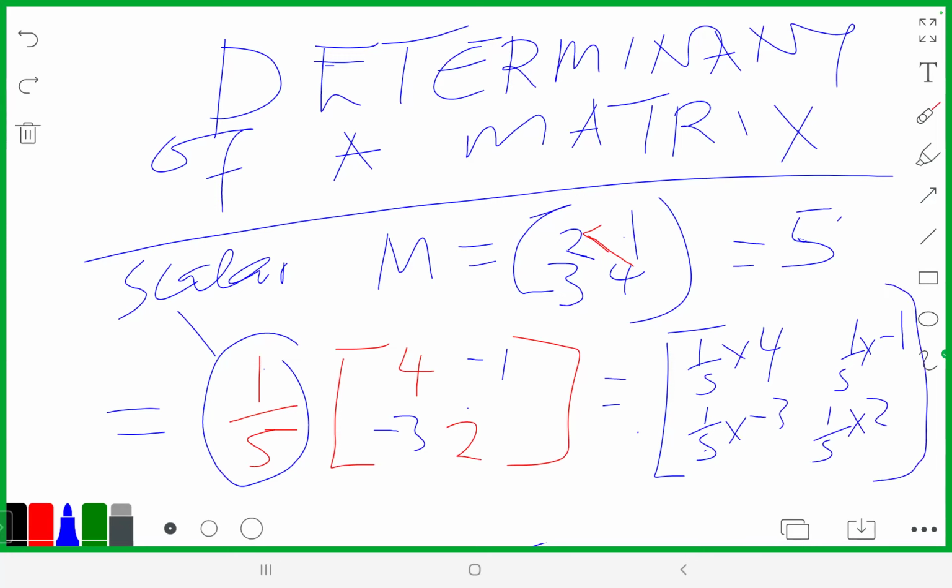Have you seen that? We are multiplying everything by the scalar. You can copy this up to here. If you have any question, ask me. There is an invisible 1 under each entry. Are we together so far?